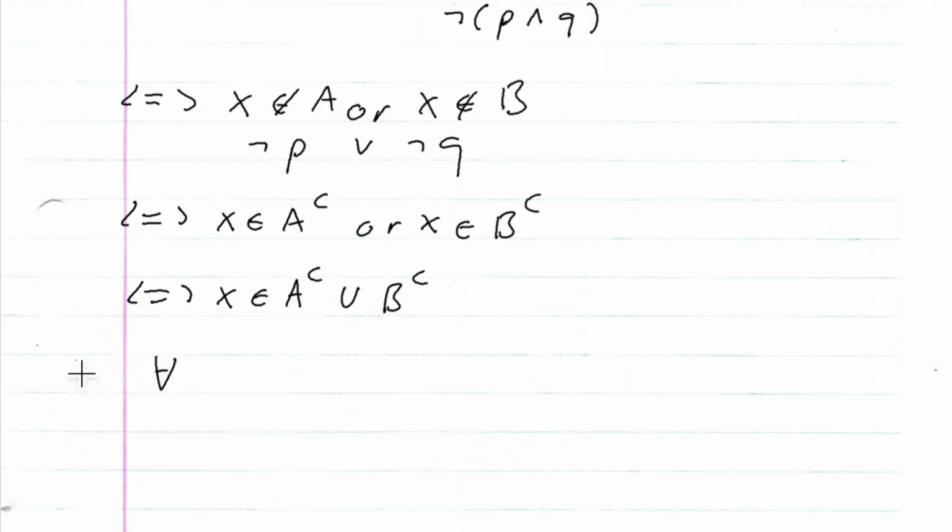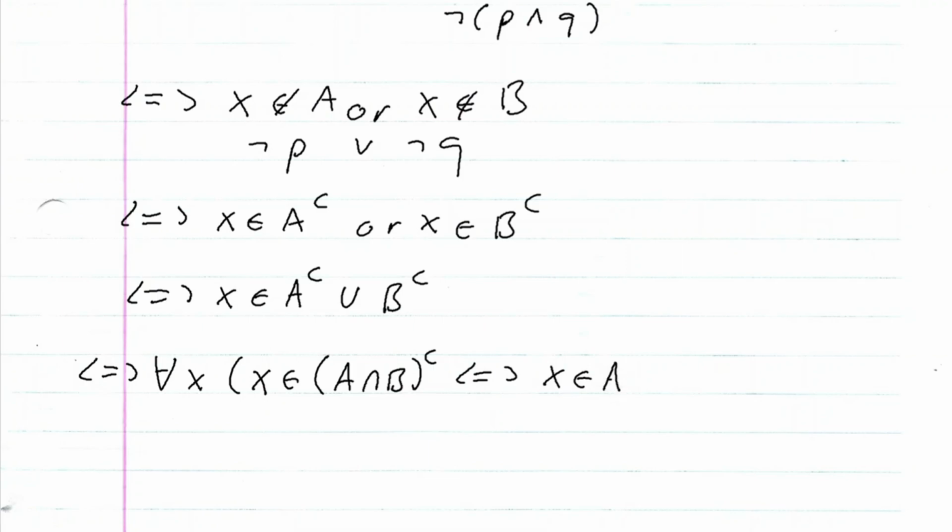So for every X, X is an element of (A intersection B) complement if and only if X is an element of A complement union B complement.